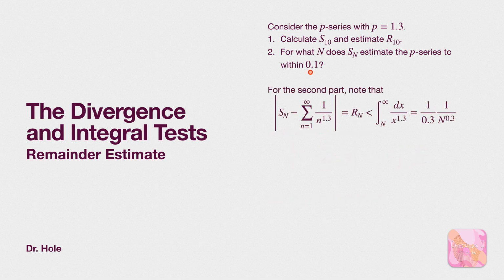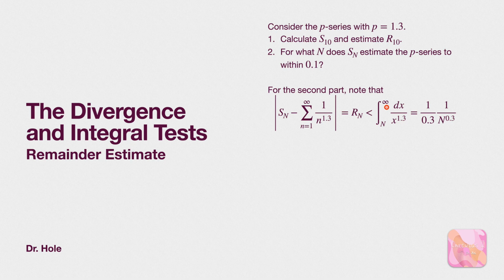We repeat our computation. Instead of s sub 10, we're now going to use s sub n, capital N, to come up with an estimate for capital R sub n, which means we want to look at the definite integral from n out to infinity. And plugging that in, note that when you work this out for yourself, I'm skipping the work of evaluating an indefinite integral.